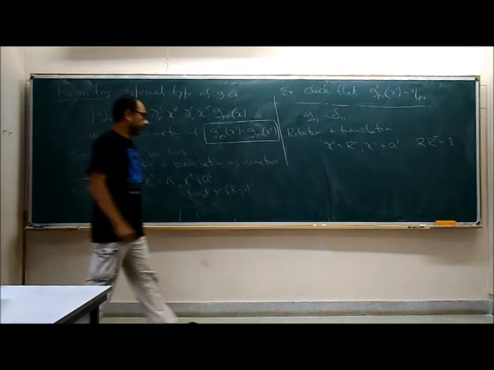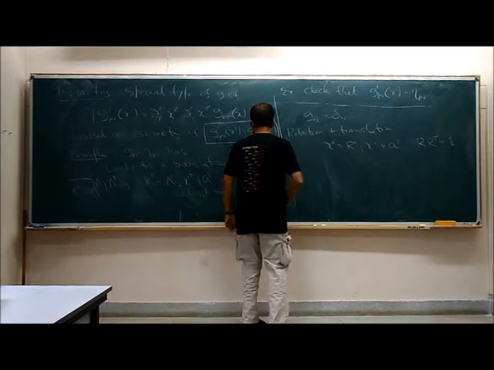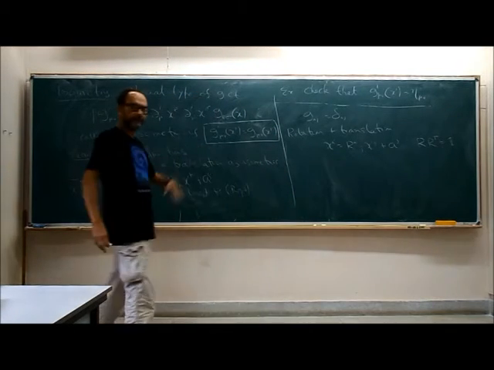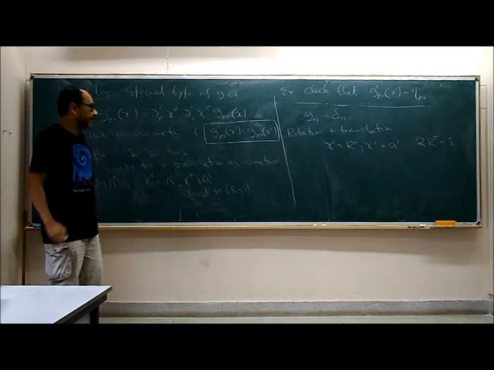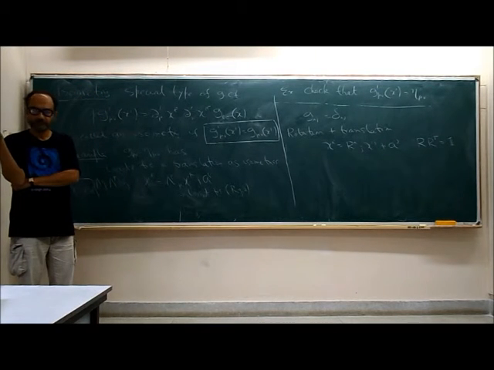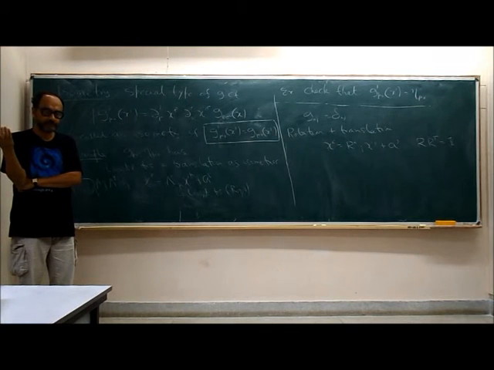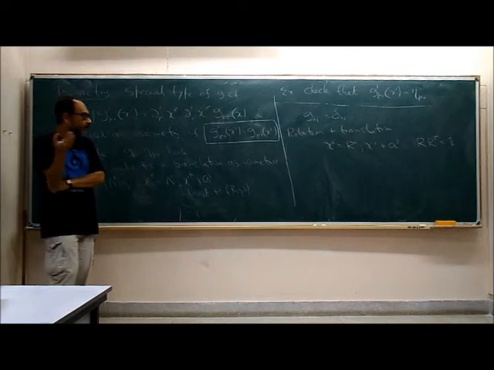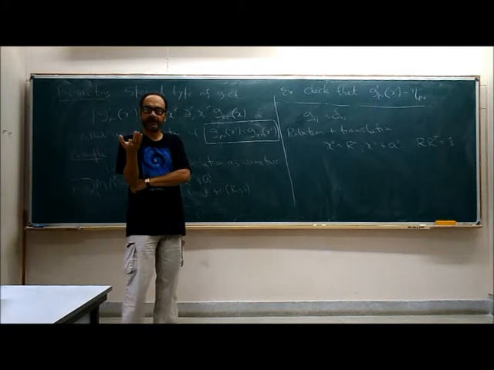Now, suppose we have a metric with a certain isometry, and now we write the metric in a different coordinate system. So the metric will look different. The functional form of the metric will change. Will this have the isometry?